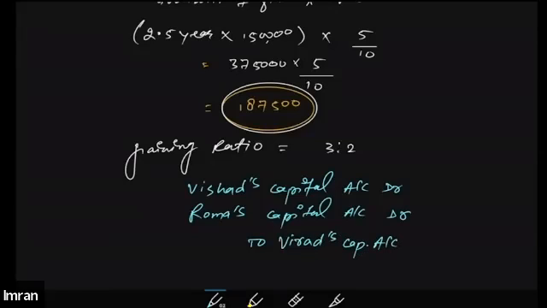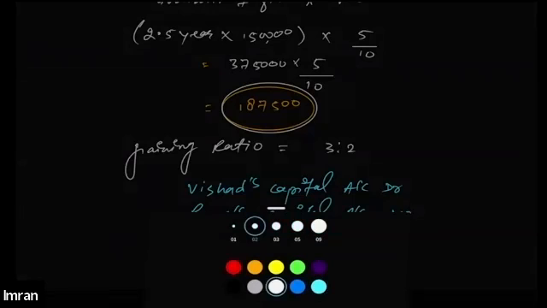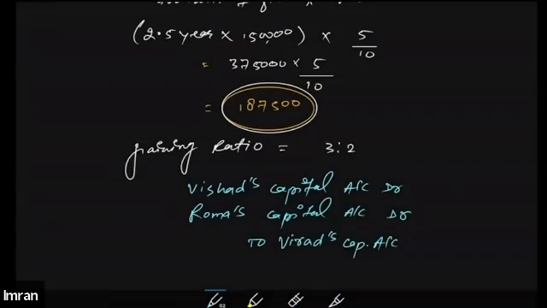Okay, nice. Good. So Viraj's capital account will be credited by ultimately 1,87,500, but this will be contributed by Vishad and Roma proportionately. So in what proportion will it be contributed? In the ratio of 3 to 2.